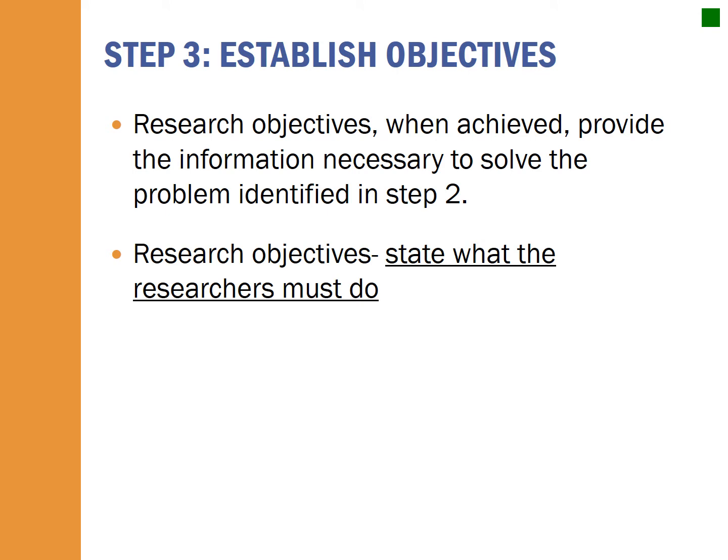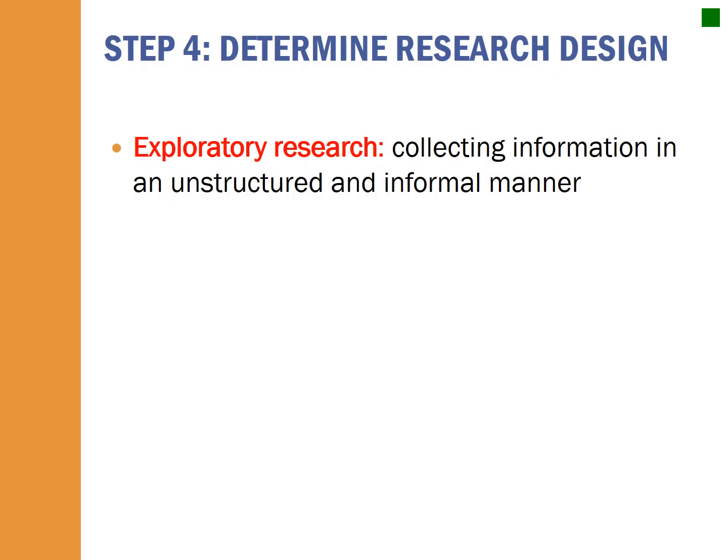And now this, of course, comes with a bit more experience, because experienced researchers can think ahead and actually project the entire process all at once. If you're starting out in research, it's hard to really do this step and really understand the nuances of what you're going to need to be able to do. Okay, so anyway, step three, establish objectives.